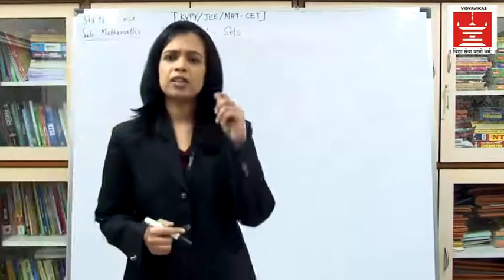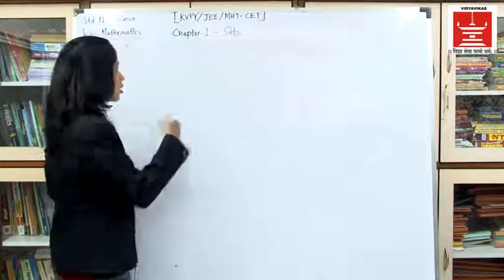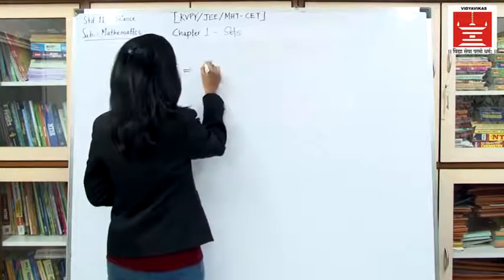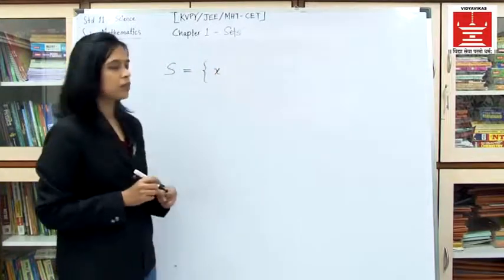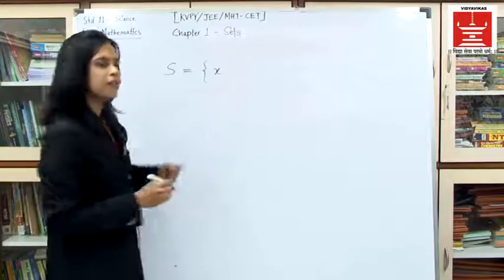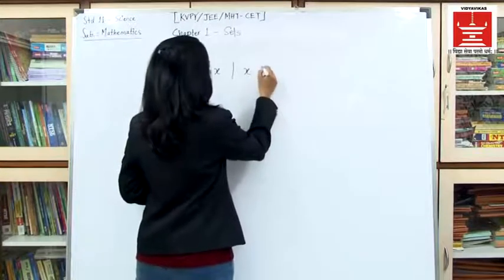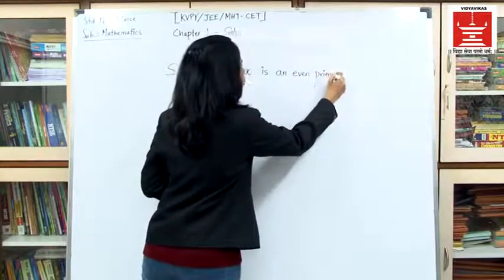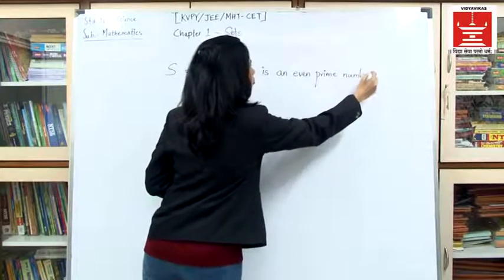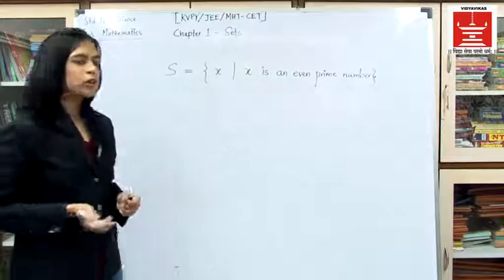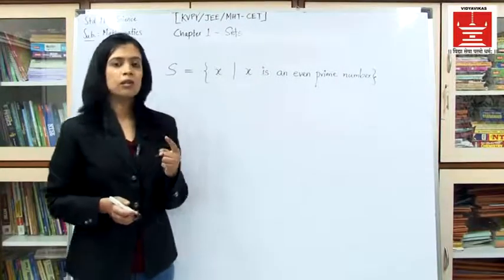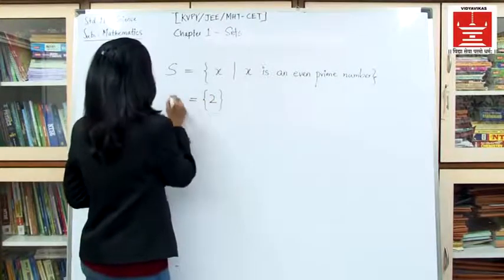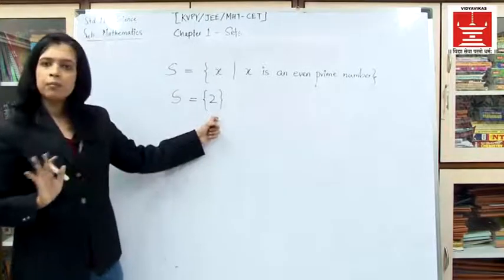Can a set have just a single element? Well, yes. Suppose I give you the description of a set as, in the set builder notation, S contains all x such that x is an even prime number. We all know there is just one prime number that is even, which is nothing but 2. So, S is simply 2.